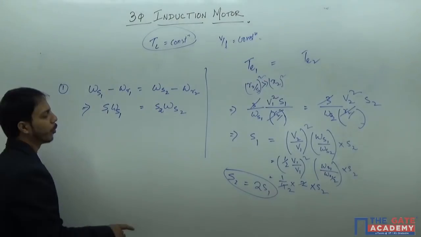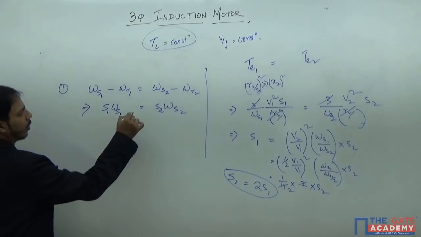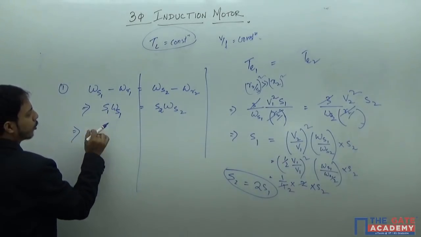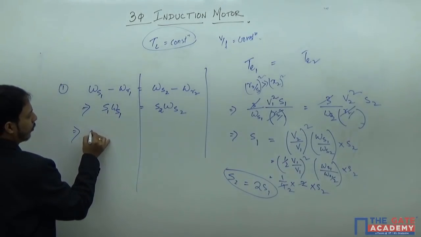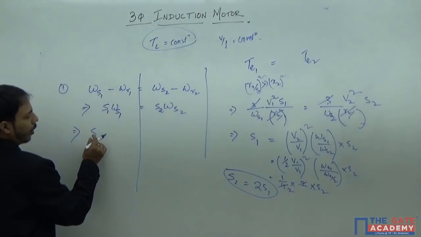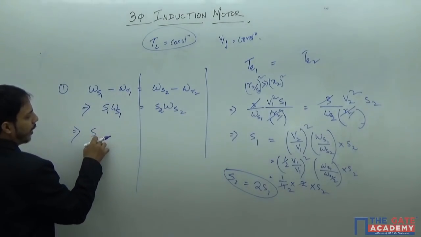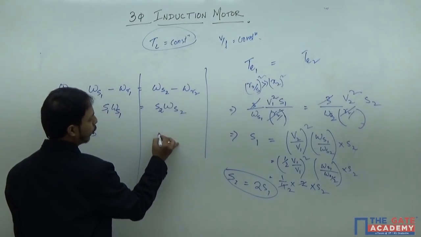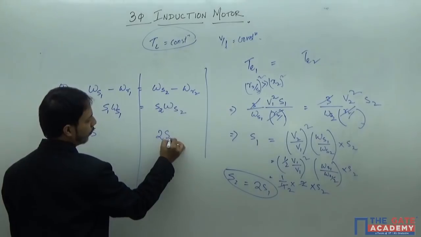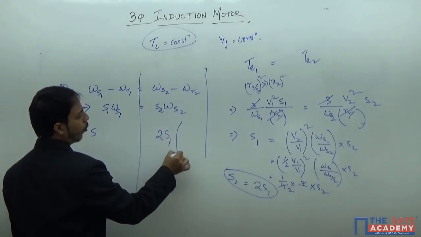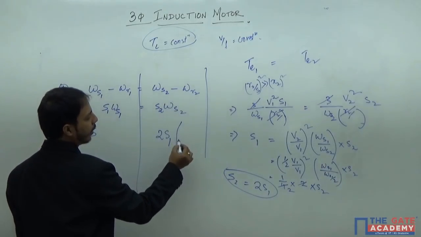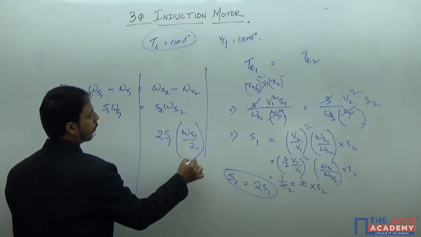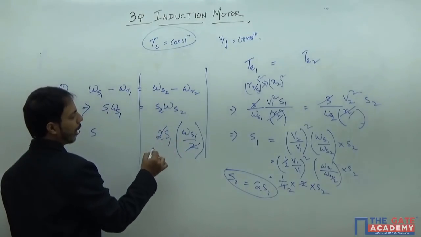Now if we put the values here, we know S2 I can write as 2 S1, and omega S2 I can write as omega S1 by 2. This 2 and that 2 cancel.